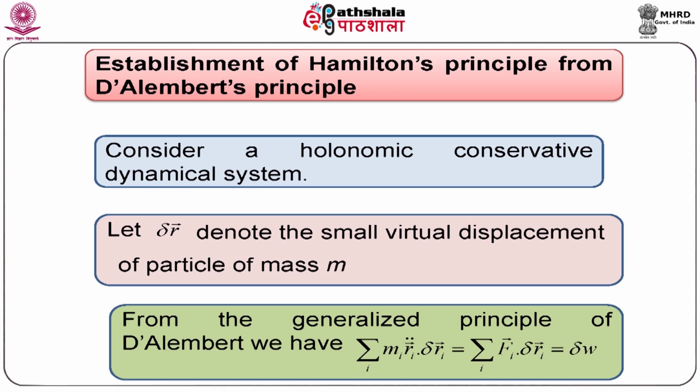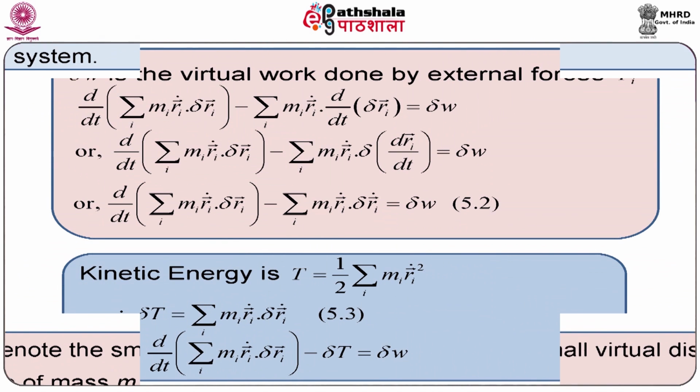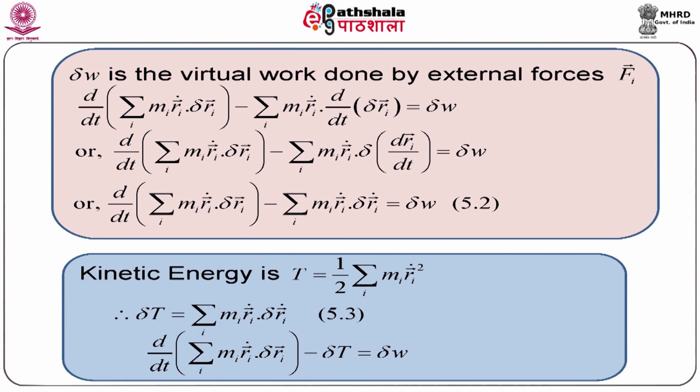Then, from the generalized principle of D'Alembert, among possible motions of the system, that motion is the actual motion which satisfies at every moment the equation summation over i of m_i r_i vector double dot delta r_i vector. Here m_i r_i double dot is nothing but the force vector, that is F_i vector.